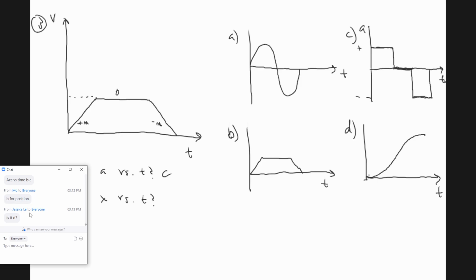Let me see who else had it. Stephanie, you had another answer for position versus time. I was just trying to think, if I took the slope at various points on D, it should be increasing.